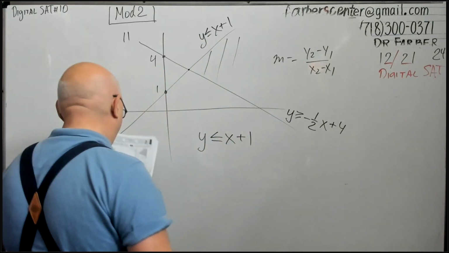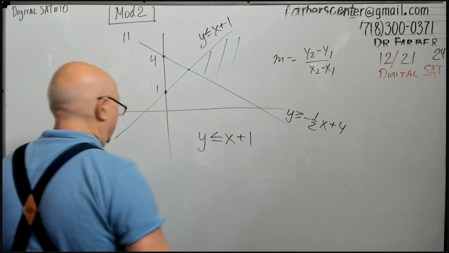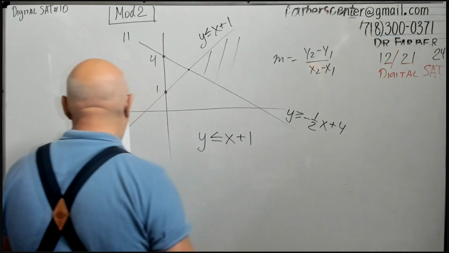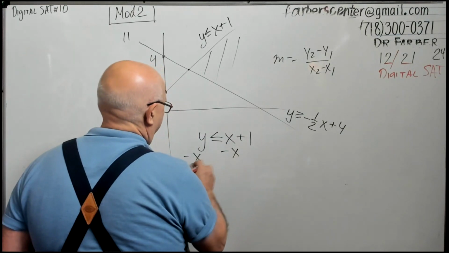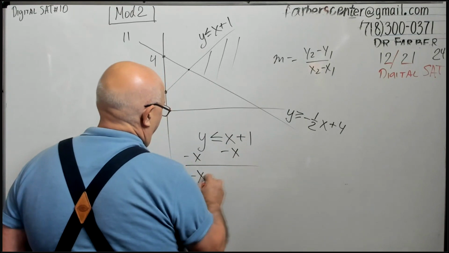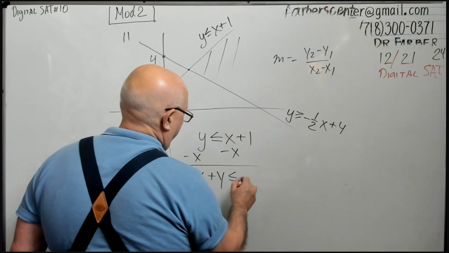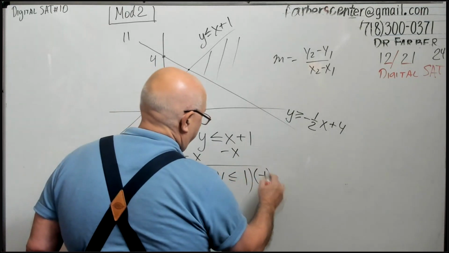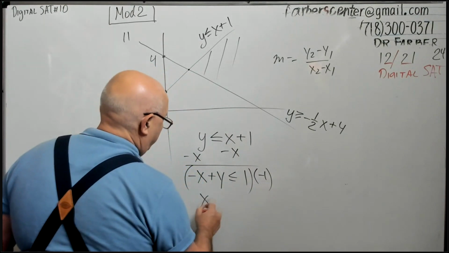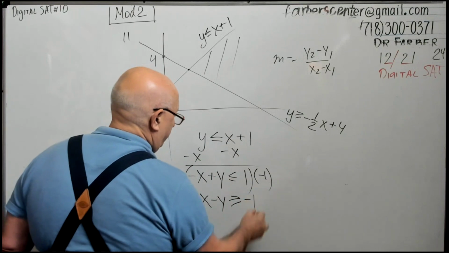Look at the format of the multiple choice. You like to unscramble, right? Minus x and minus x, you have -x + y less than or equal to 1. Multiply both parts by -1. What do you get? x - y, change the sign of the inequality to the opposite, greater than or equal to -1.